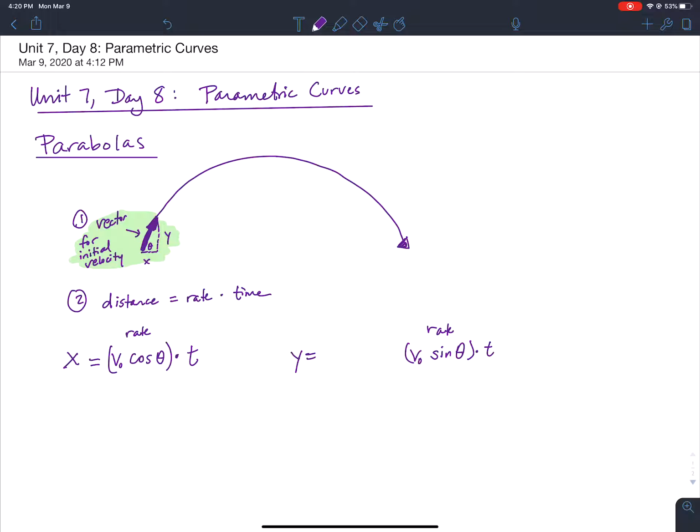But there's a lot more to what's going on vertically. So the other parts of our vertical component have to do with how high off the ground our object was starting to begin with. Because a lot of times if something's being thrown in the air, you're not throwing from zero.